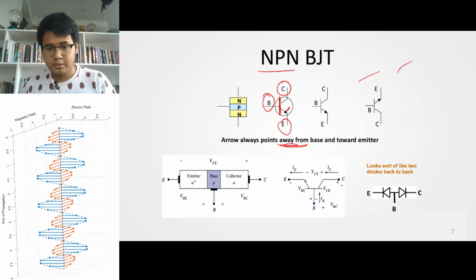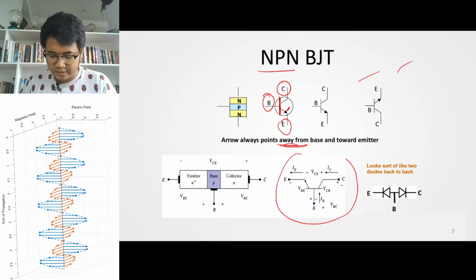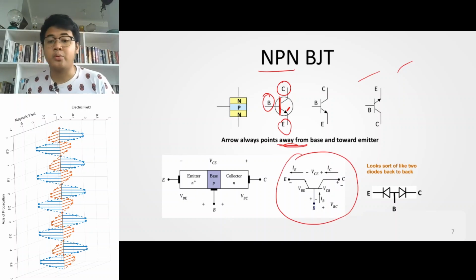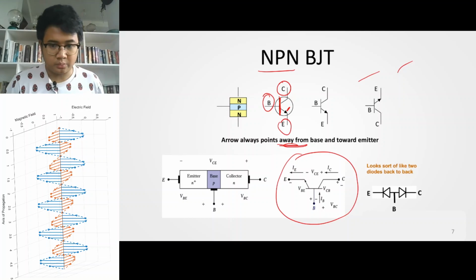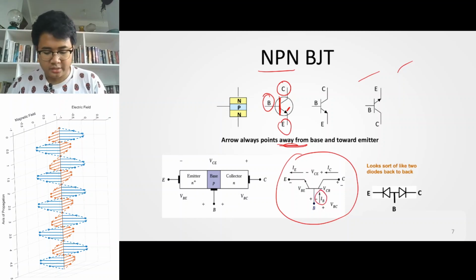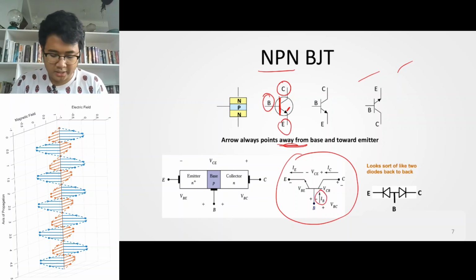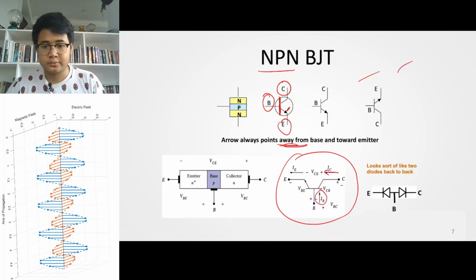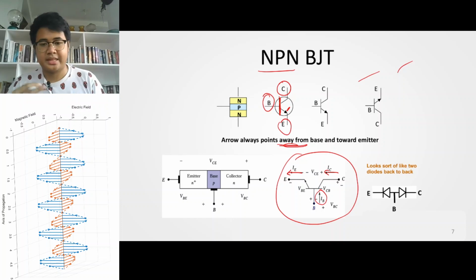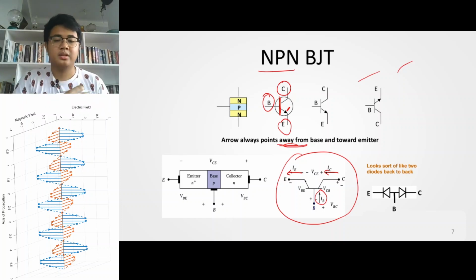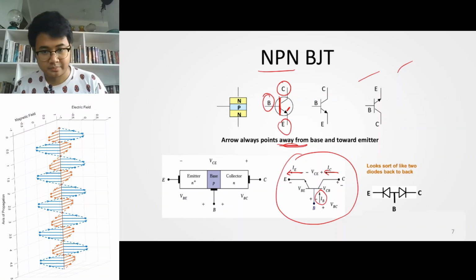Right. So there are 6 quantities that are of interest when we are analyzing an NPN BJT. So 3 voltages and 3 currents. We have the base current being injected to the base, a collector current that flows from the collector to the emitter, and your emitter current that flows out from your transistor.